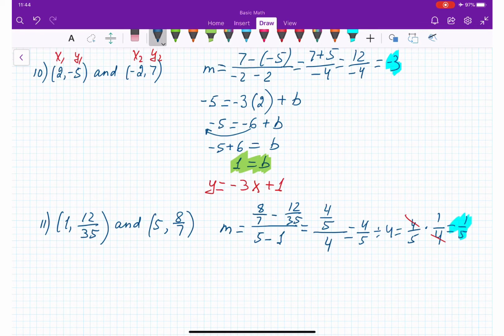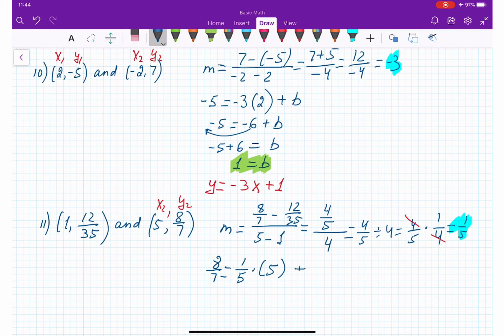Next, we need to find our y-intercept. So I'm using the second point. So my y is 8 over 7, is equal to 1 over 5 times x, which is 5, right? I'm using this one, y2, x2. And what else do we have?